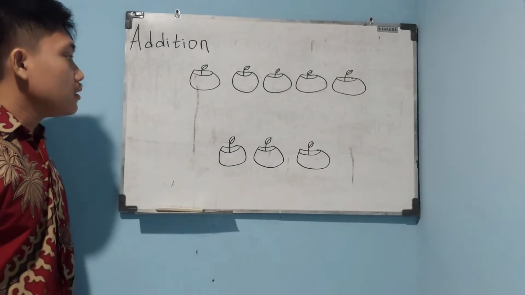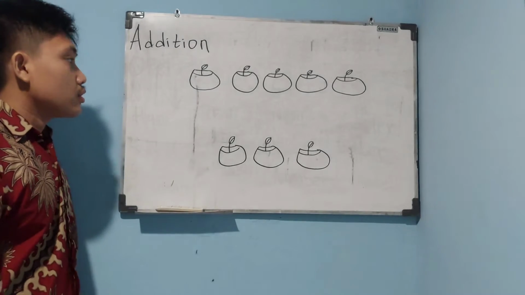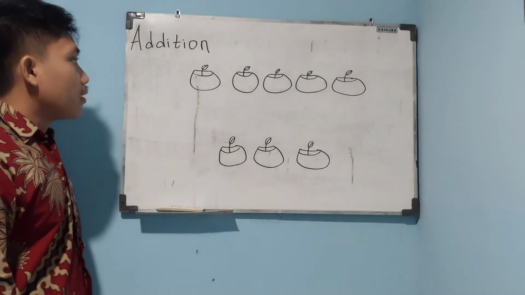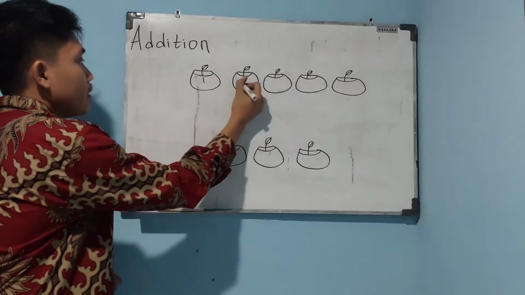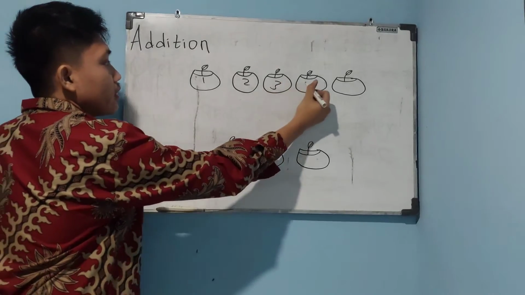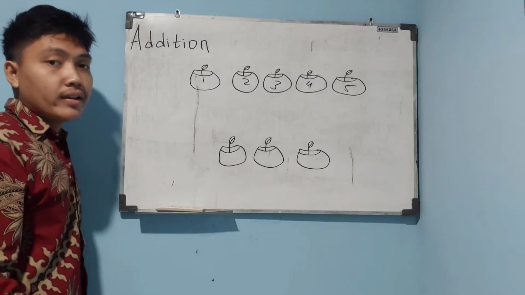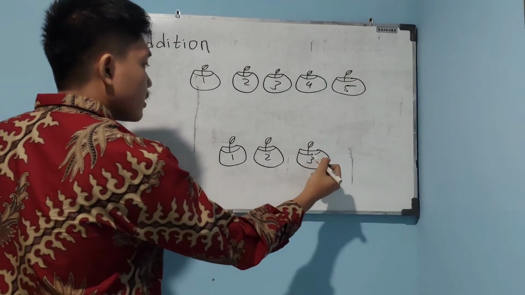As you can see, there are many oranges. I have two friends, and my first friend has 1, 2, 3, 4, 5, and my other friend has 1, 2, 3.